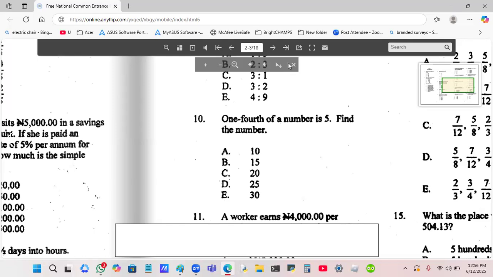Do you get it now? It says multiply both sides by 4.